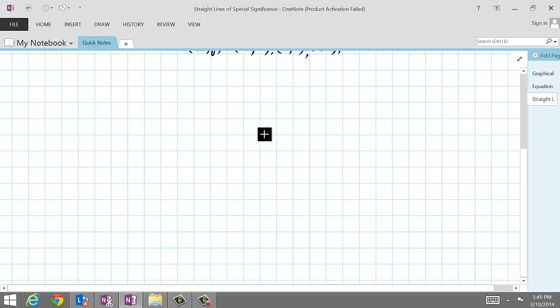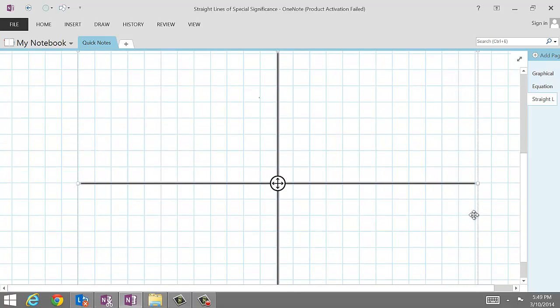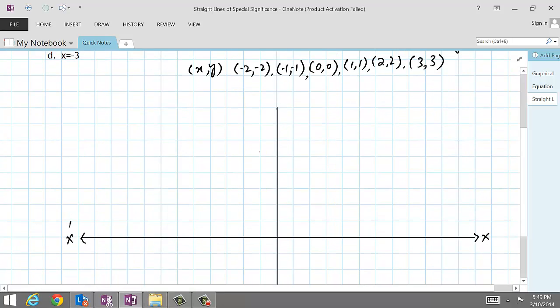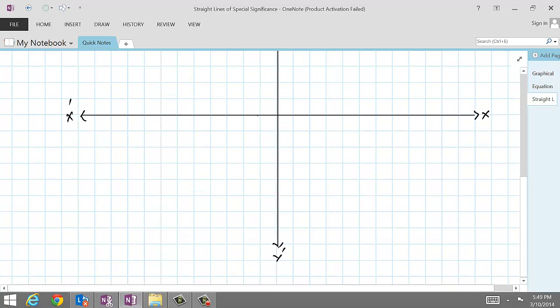And if this is the Cartesian coordinate plane, let's label the x-axis: these are positive x-axis, these are negative x-axis, and here on the upper side, these are positive y-axis, and these are negative y-axis, y dash, and then this is the origin.